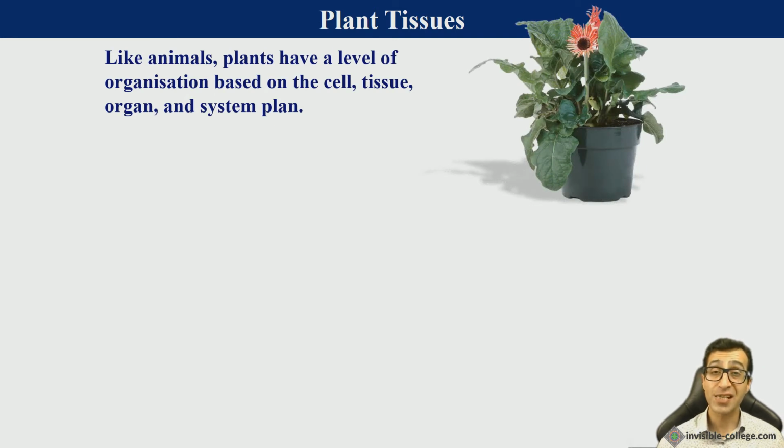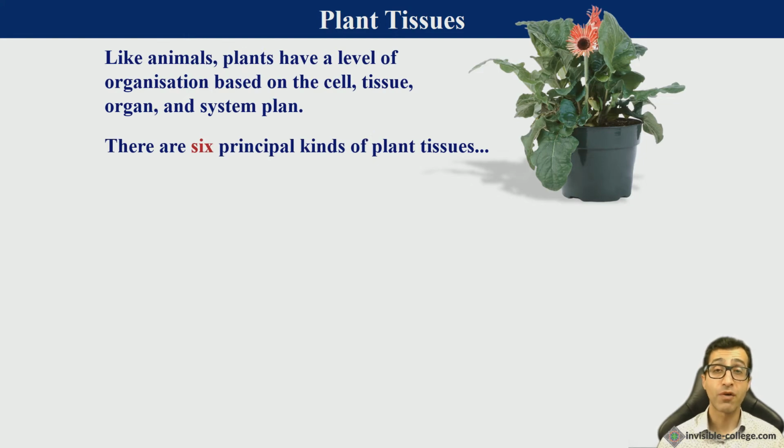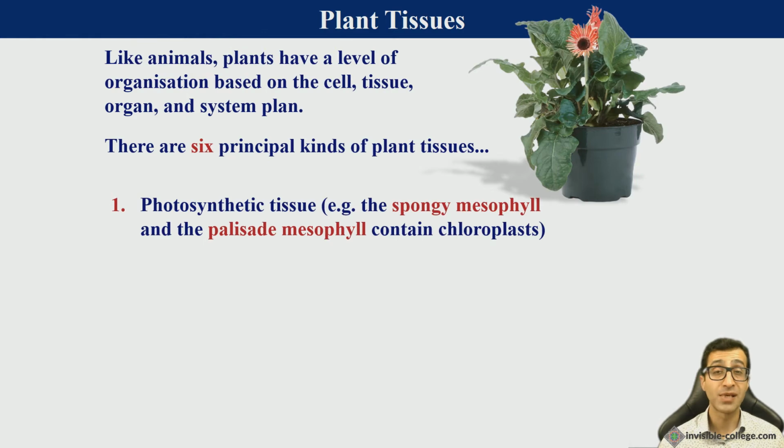And again, there are 6 principal kinds of plant tissues which you should be aware of. So there are photosynthetic tissues such as the spongy mesophyll and the palisade mesophyll that you find in leaves. There is the epidermal tissue, and this is kind of equivalent to the epithelial tissue found in animals.